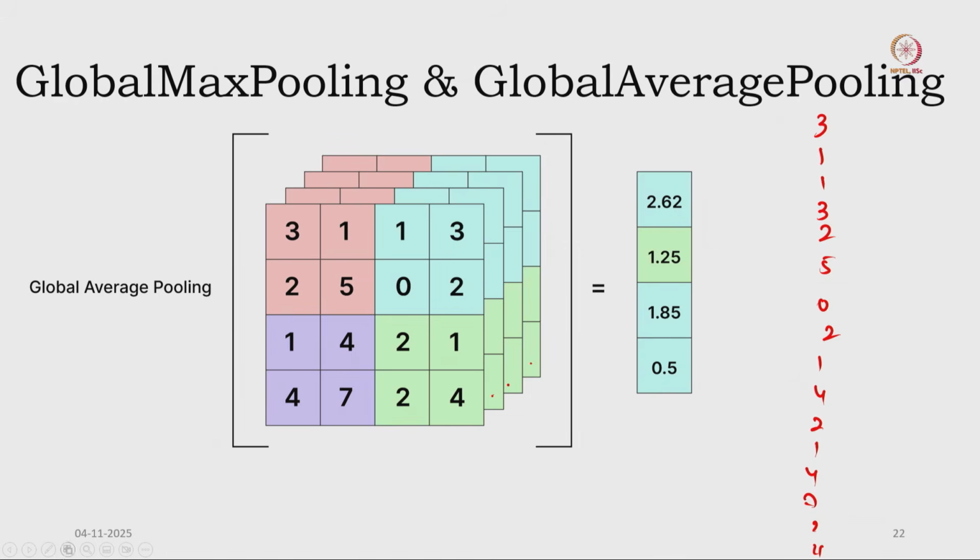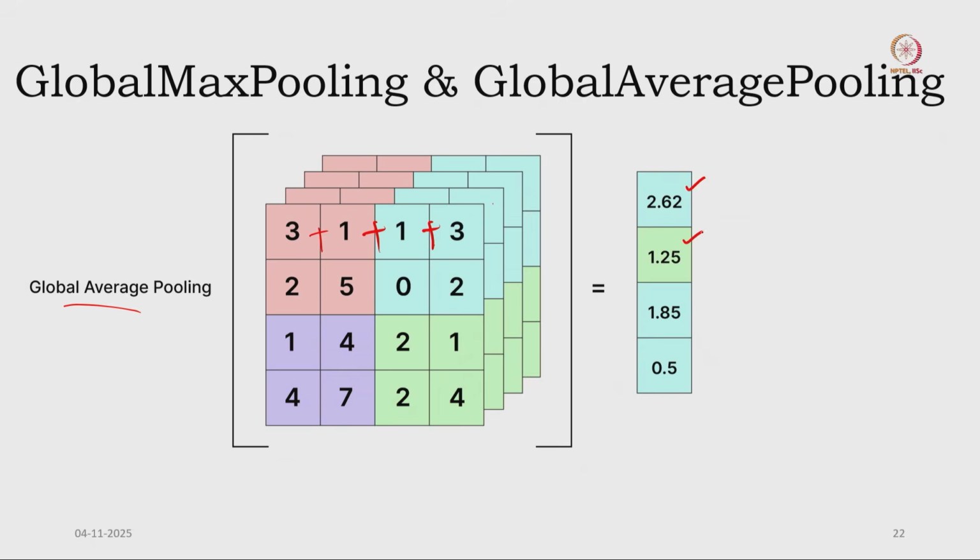So, now what you are doing? From this entire matrix, you take the average of all of these. How will you take an average? 3 plus 1 plus 1 plus 3, you will add all of these and divide by the number of such values. So, you will get this number. Similarly, for the second matrix, add all those values and divide by whatever the size is.